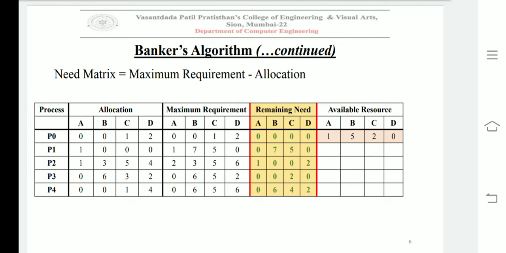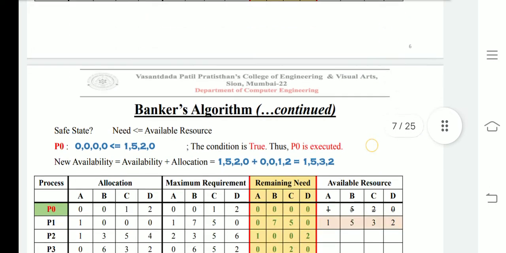Now we will consider P1. 1 minus 1 is 0, then 7 minus 0 is 7, then 5 minus 0 is 5, and 0 minus 0 is 0. Similarly we can evaluate this for P2, P3 and P4. So now I am proceeding.